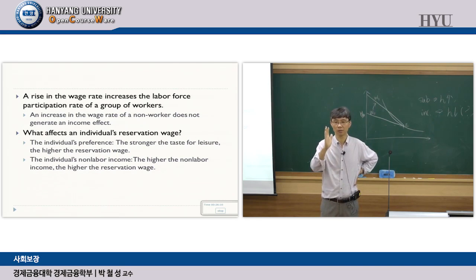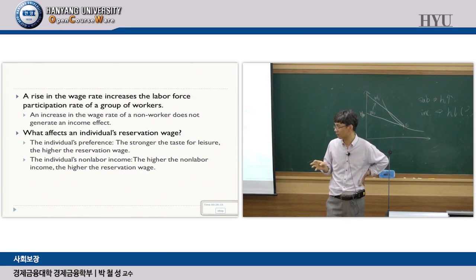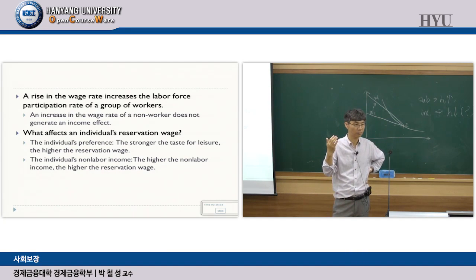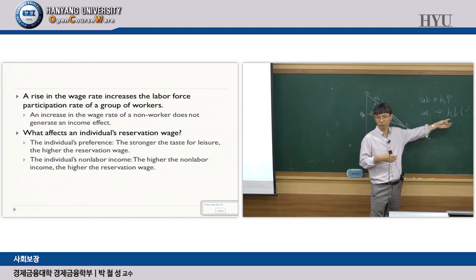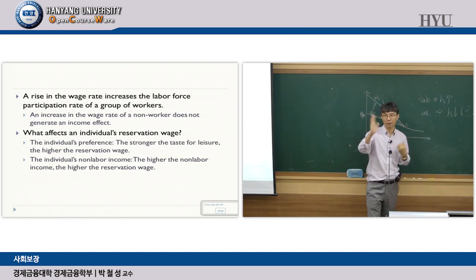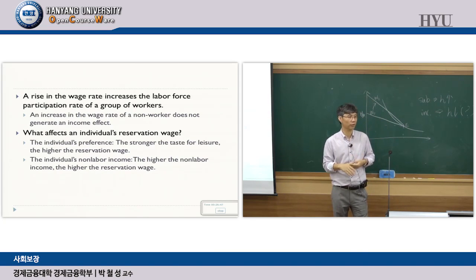This person was not working, so there were no earnings. Even if the wage goes up, if the person keeps the same behavior, the income would not change at all. So there cannot be an income effect, only the substitution effect. Anyway, it doesn't make sense to decrease labor supply from 0 hours. So there can be only one direction.